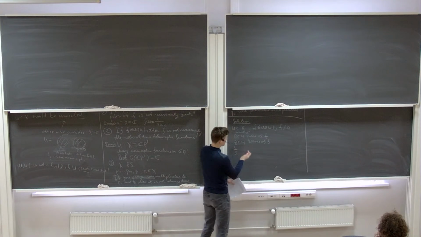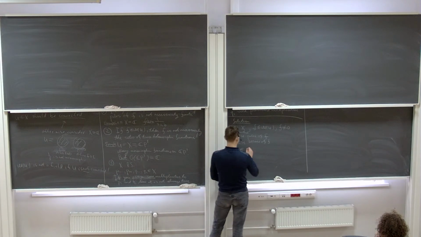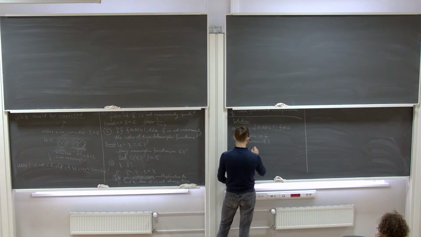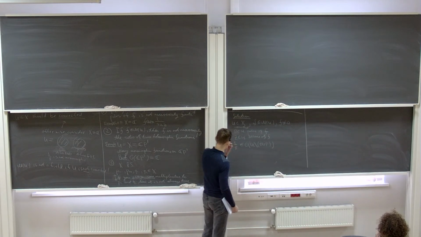We want to check that 1 over f is a meromorphic function, but clearly 1 over f is a holomorphic function on U without the zeros union with the poles.